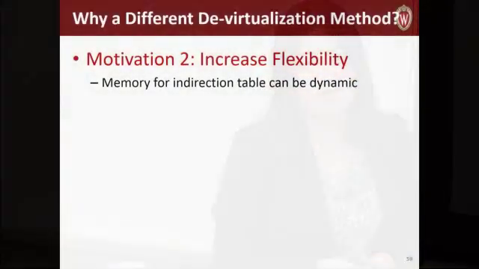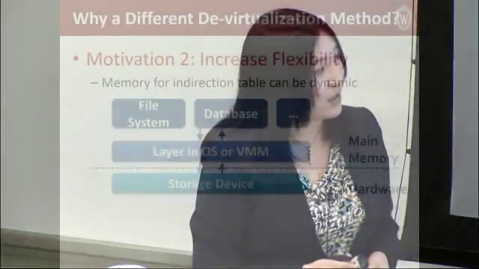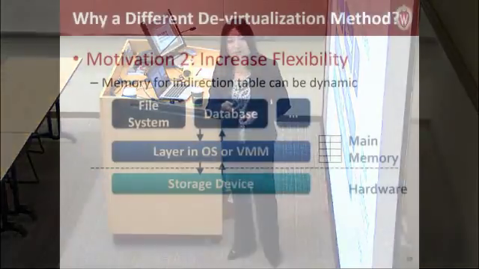And the second motivation is a slightly different use case. Originally, when we designed nameless write, we had hardware in mind that maintains the mapping table indirection layer. But now many systems have a software layer to maintain the indirection tables.